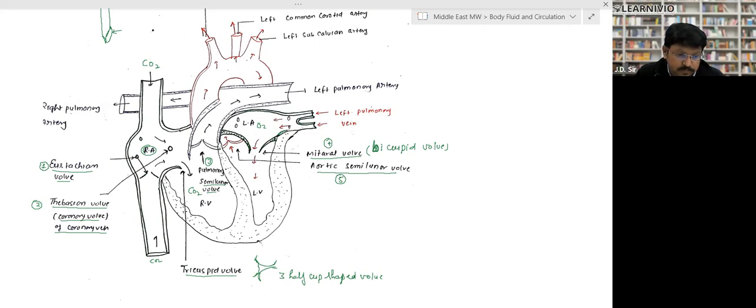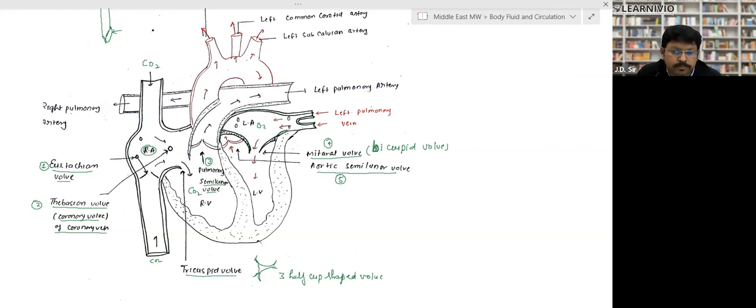Next, coronary vein. Underline this statement. Coronary vein brings back deoxygenated blood from the heart and opens into the right atrium.